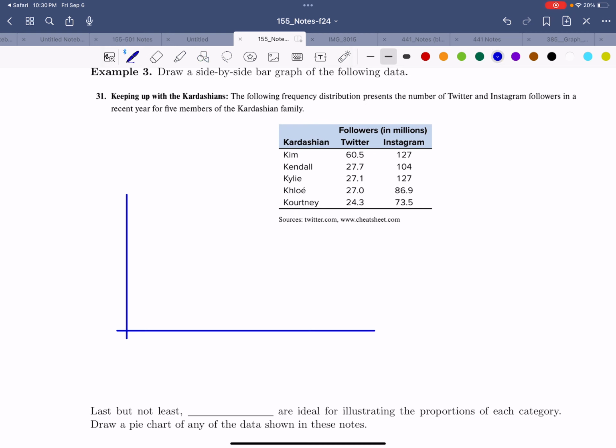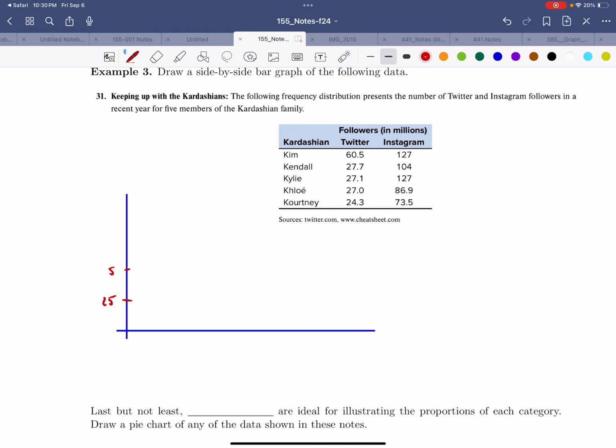If you look at this keeping up with the Kardashians data, you've got each female Kardashian, right? They've got their Twitter followers and then Instagram followers, in millions, right? So I guess we'll have the frequency. Looks like we'll say about this. We'll say this is 25.